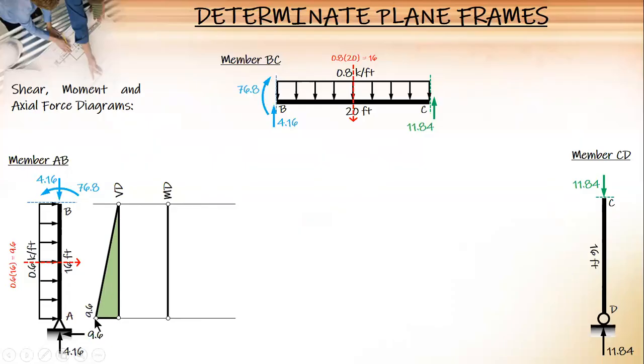So the curvature is supposed to be going this way, but it is positive, so mirror it, and that is the diagram. Mirror the form. 76.8. And then to be balanced by this is positive. Right? In moment, the beam smiles. In beam analysis, if the beam smiles, the moment is positive.